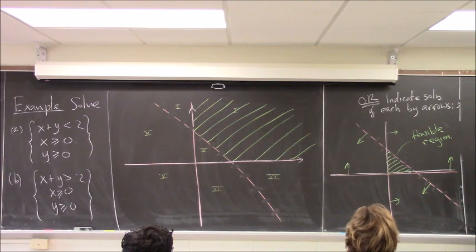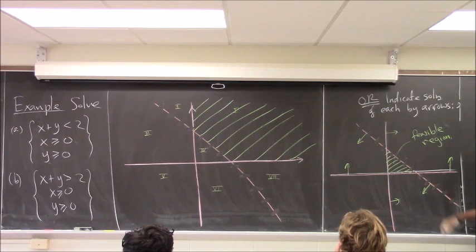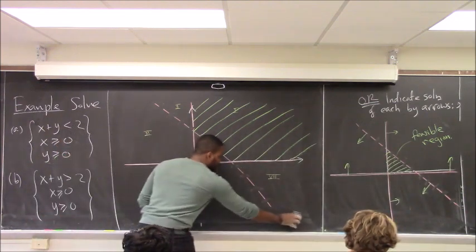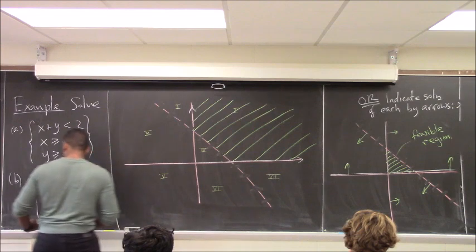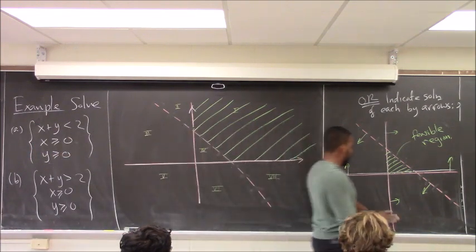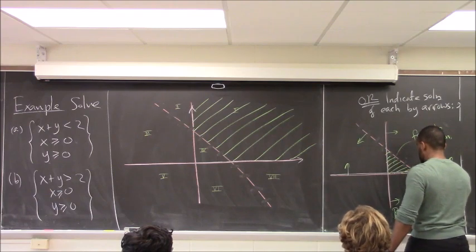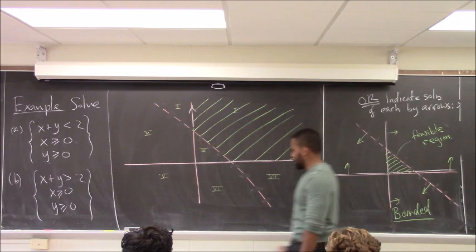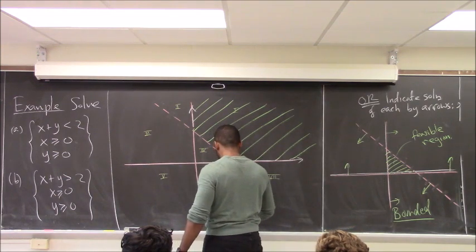Now, again, just by tweaking how the inequalities actually behave, we actually get very different looking feasible regions. There are actually some general terms for these ones, which I'll define. This region here is called a bounded feasible region, while this one is unbounded.